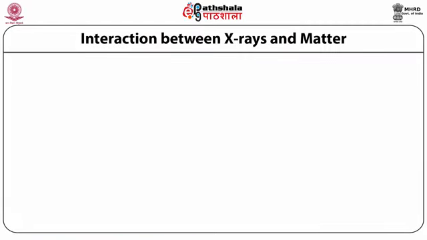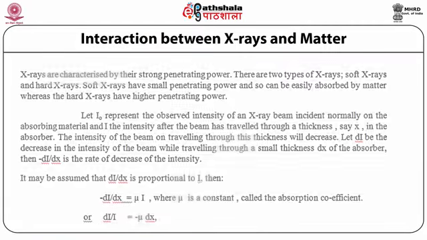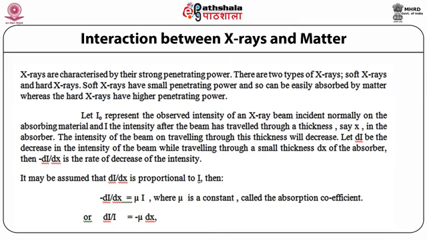Interaction between X-rays and matter. X-rays are characterized by their strong penetrating power. There are two types of X-rays: soft X-rays and hard X-rays. Soft X-rays have small penetrating power and so can be easily absorbed by matter, whereas the hard X-rays have higher penetrating power.